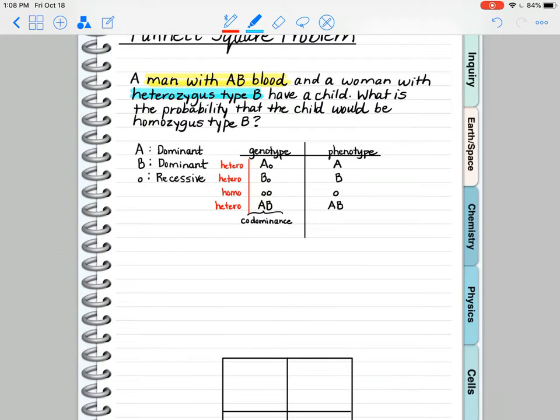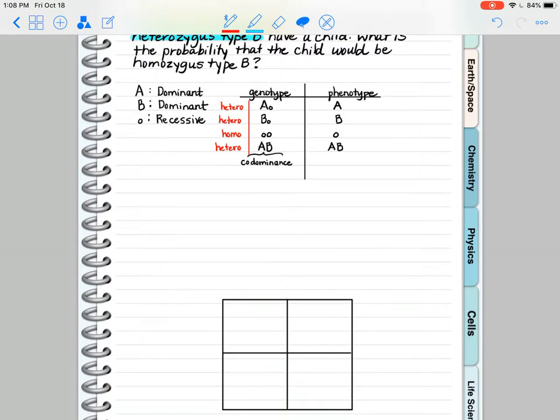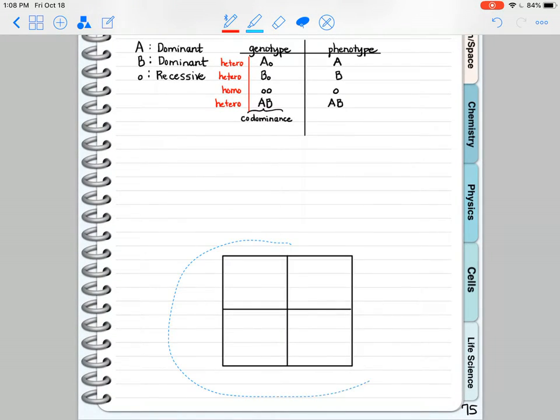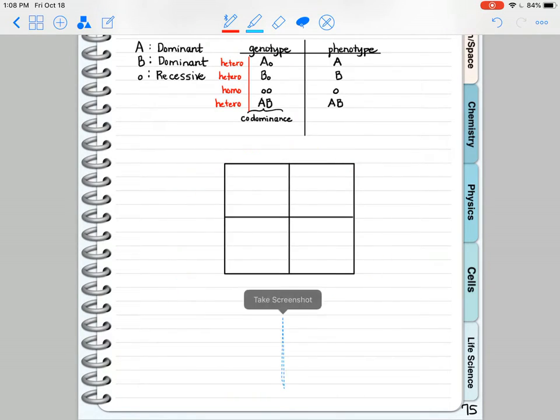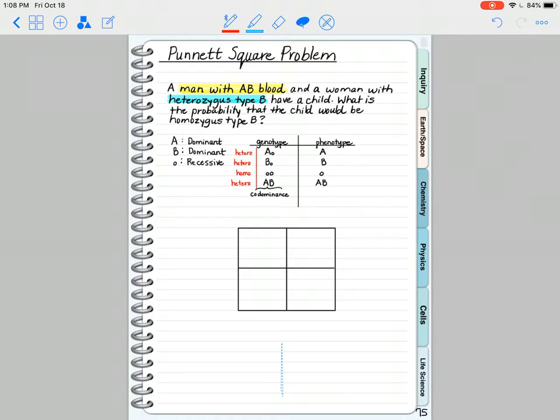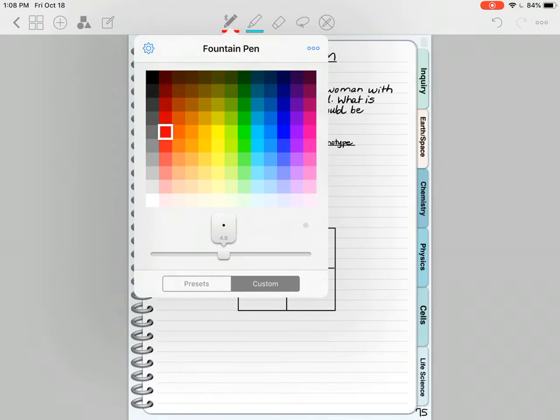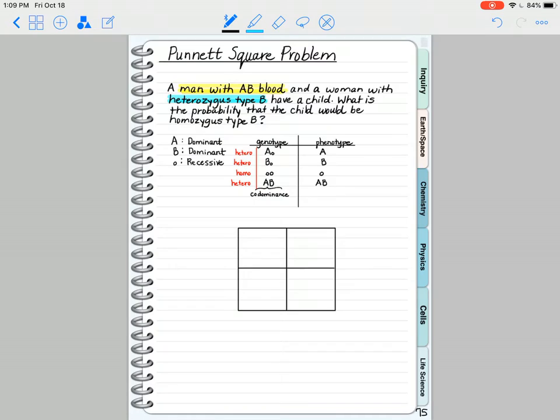So the man, I'm just going to put him on the top here. It doesn't matter. You can put either parent on either side. So the man has AB. They tell me that right off the bat. That's heterozygous, but it is codominant heterozygous because both of those are equally dominant when you're talking about dominant and recessive. So here's the man.